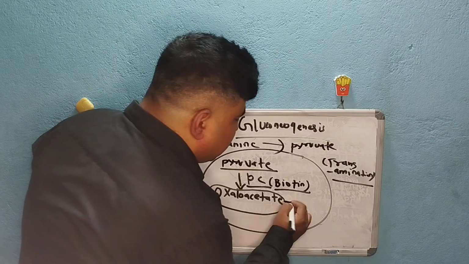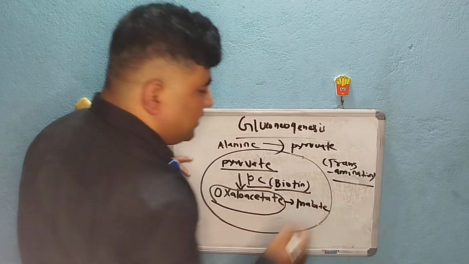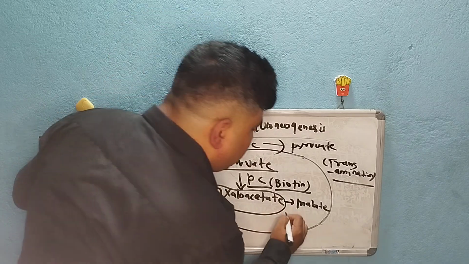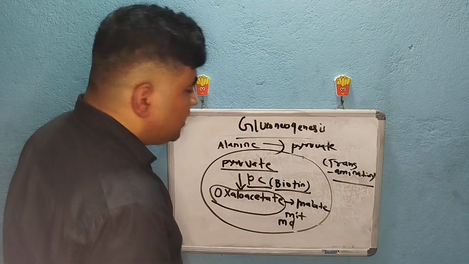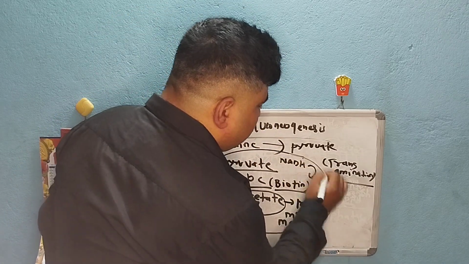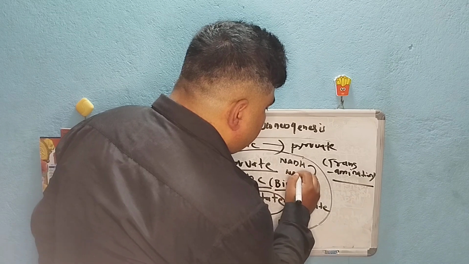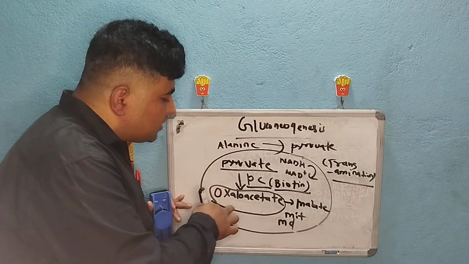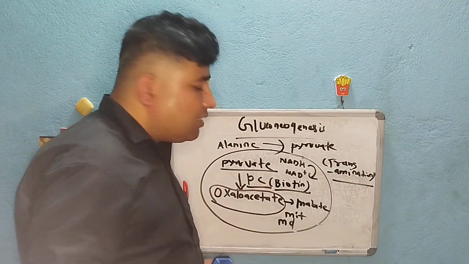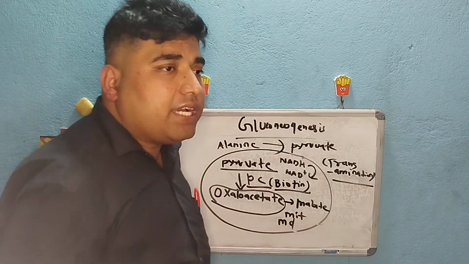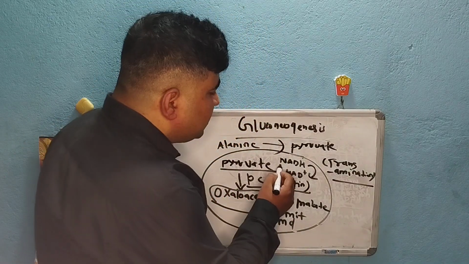So the oxaloacetate is converted into malate by the enzyme mitochondrial malate dehydrogenase, and in this process NADH is oxidized into NAD plus.